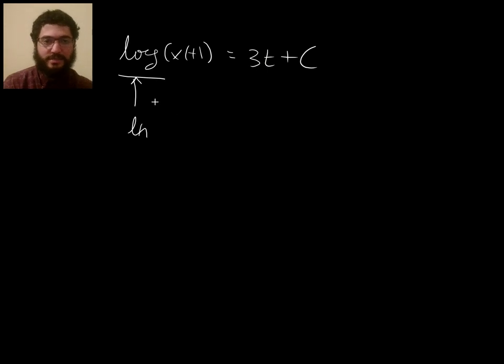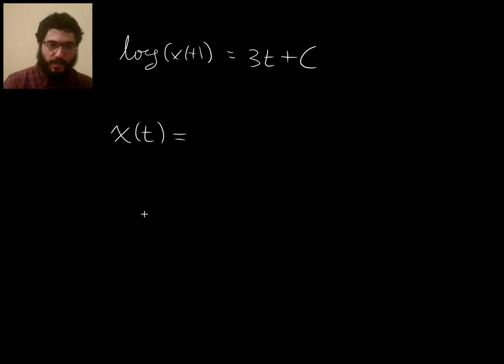This is log base e. I'm just used to writing log. I also don't like ln because, well, I have no good reason not to like ln. Okay, so x of t would be e to the 3t plus c for some constant c.